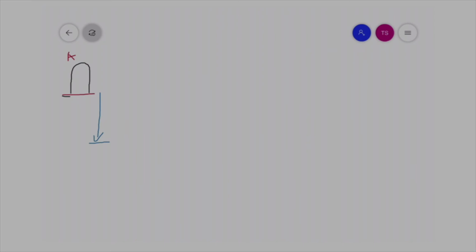As stone A passes this point here, this one hits the ground, right? Now what do we know about stone A? Let's start with time, right? It took it 1.2 seconds to reach its maximum height.